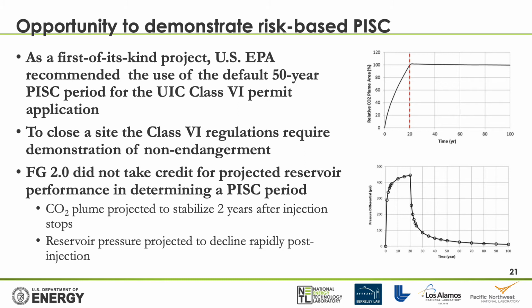The FutureGen 2.0 project did not take credit for projected reservoir performance in determining a PISC period. Based on reservoir simulation, the CO2 plume was projected to stabilize 2 years after injection stopped, and reservoir pressure was projected to decline rapidly after the 20-year injection period.